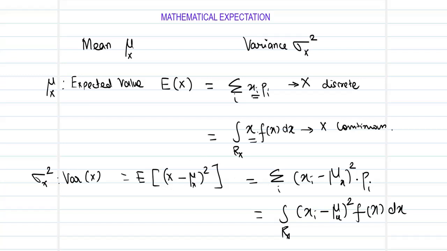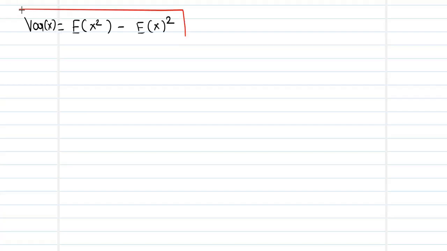This seems a little tough for computation. So when we expand this using the a minus b the whole square formula, it further simplifies to E of x square minus E of x the whole square. So our formula for variance of x now takes the format of E of x square minus E of x the whole square.